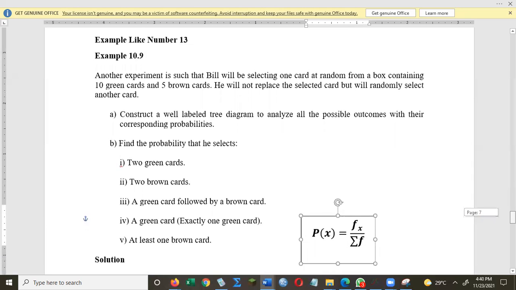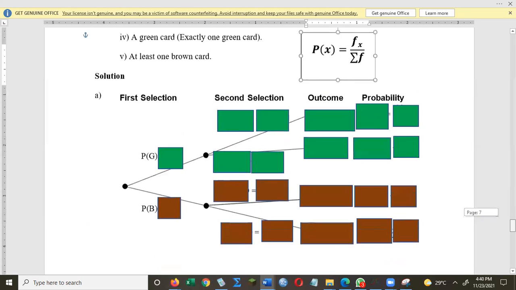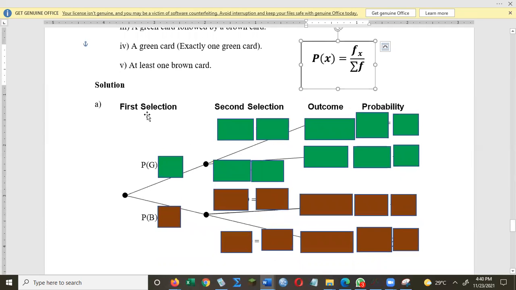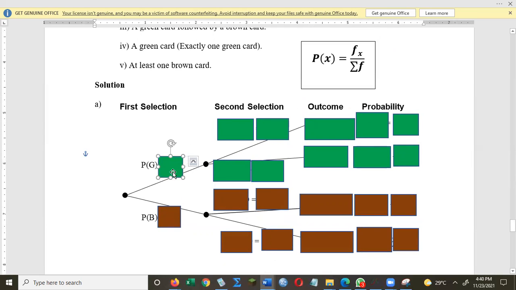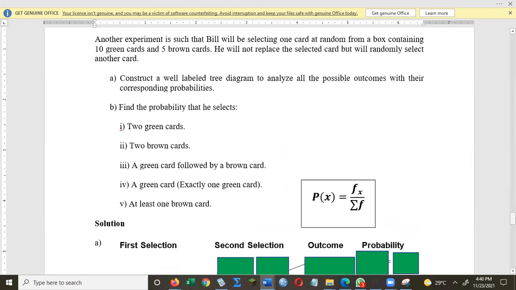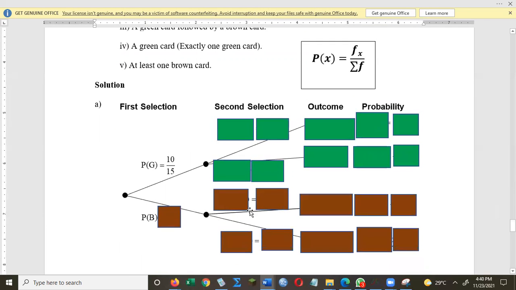So that is the probability of him selecting a green in his first selection. 10 out of 15. The probability of him selecting a brown, there are 5 brown out of the 15, 5 out of 15.